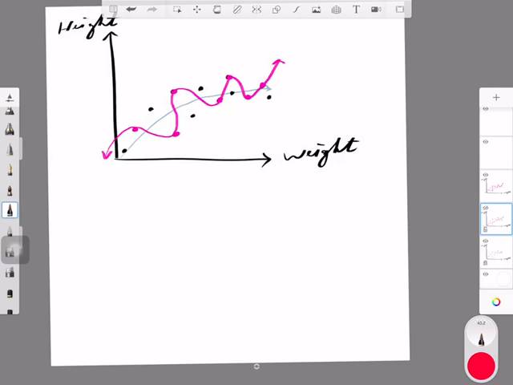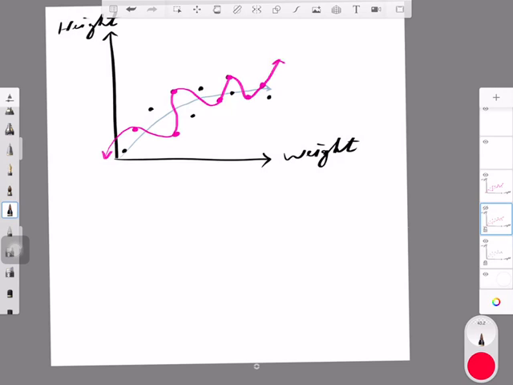Let me label the training set here. So this will be the real data, and this is my prediction. The distance will look like this.